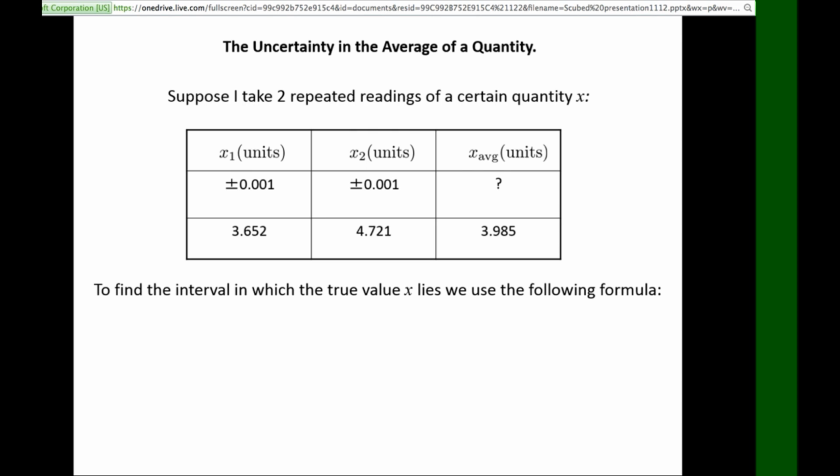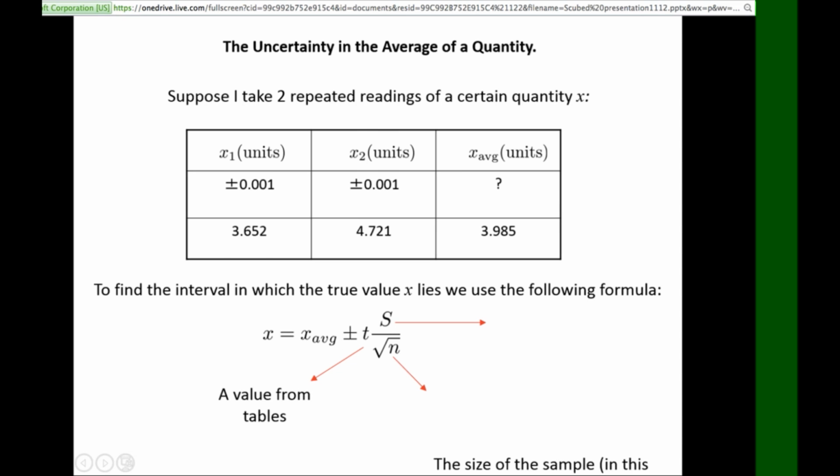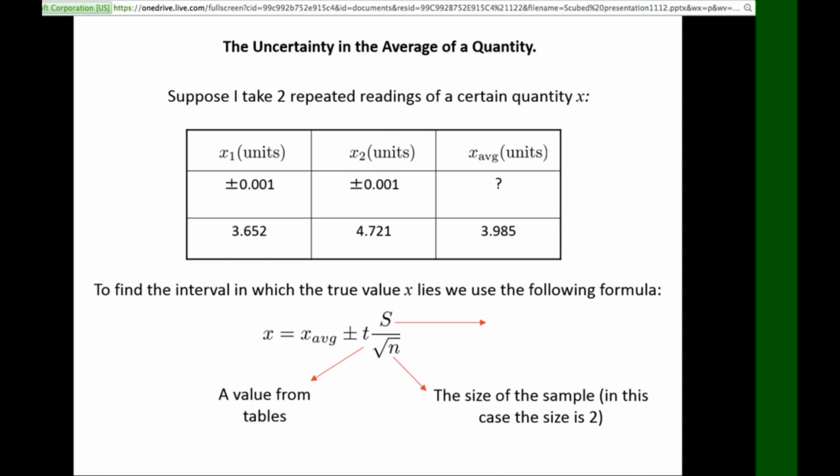To find the interval in which the true value x lies, we use the following formula. So, this is a value from tables t, we'll see what that is later. We have n, which is the size of the sample. For instance, in this case, the size is 2 because we have 2 readings.